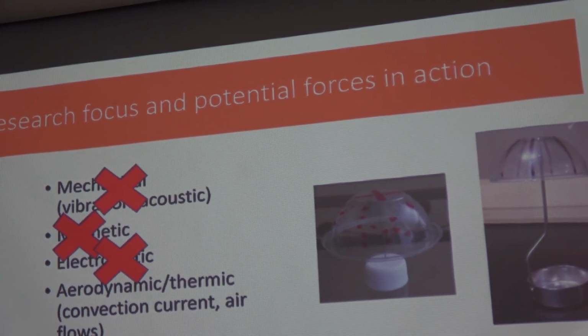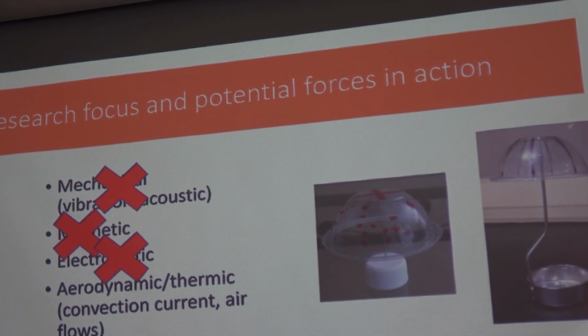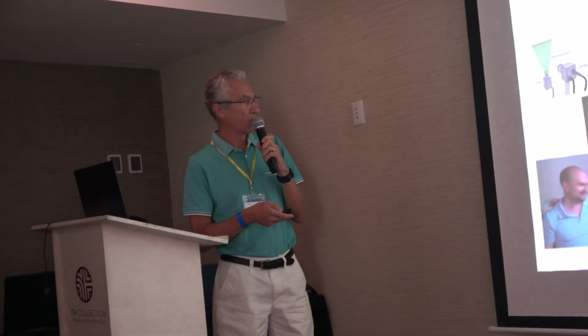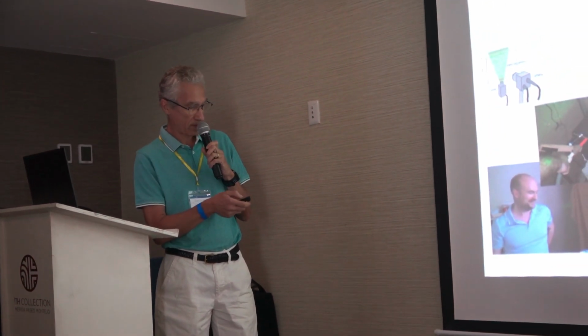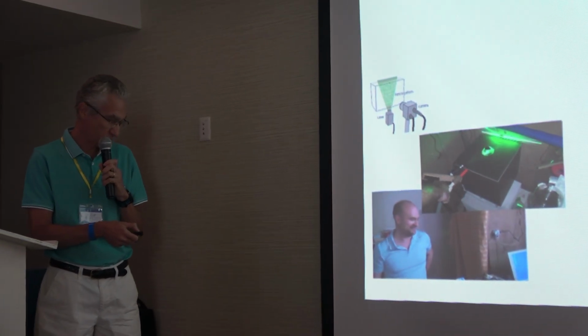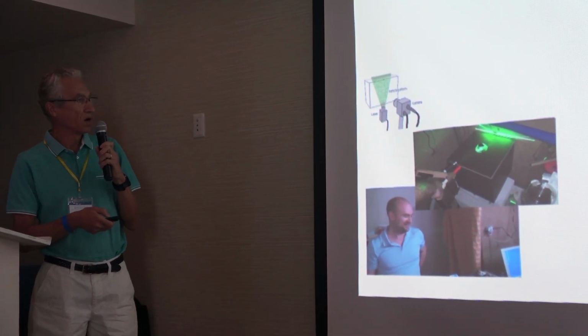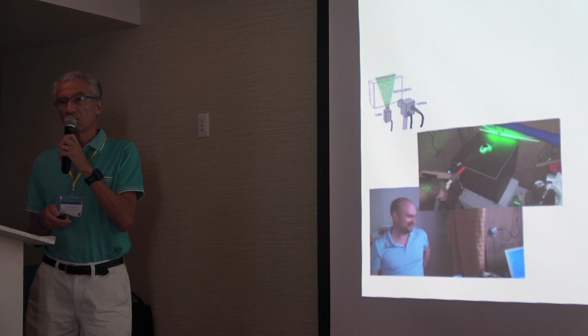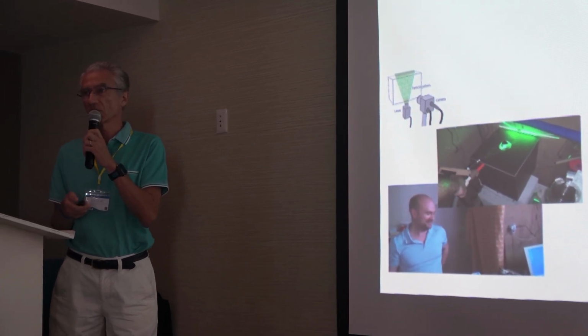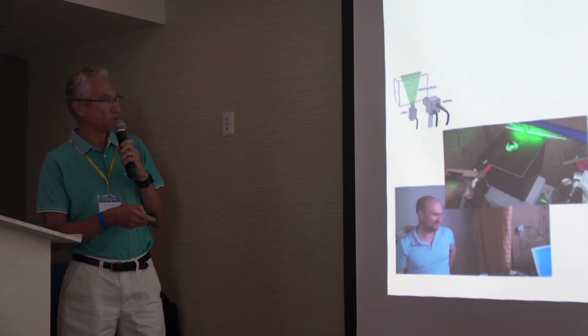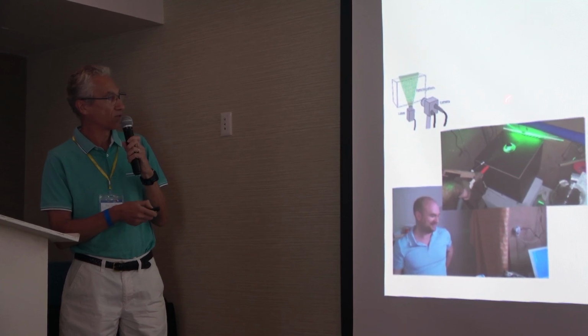We worked on this topic, and David Jarret, the founder of the lab, built a specific cabin where we put some smoke, some fog, and illuminated it with a laser.